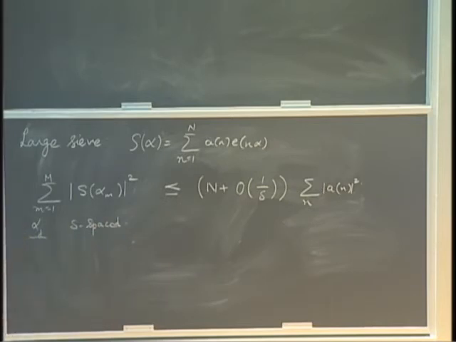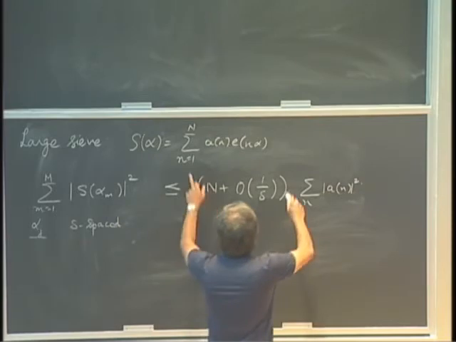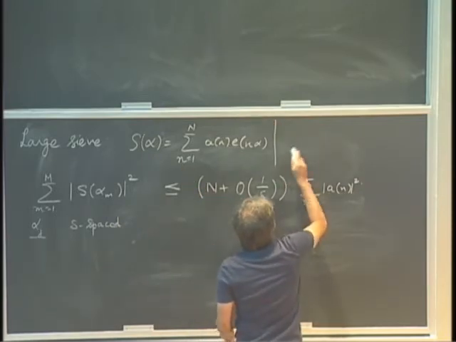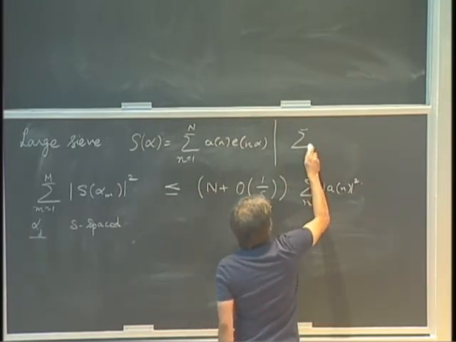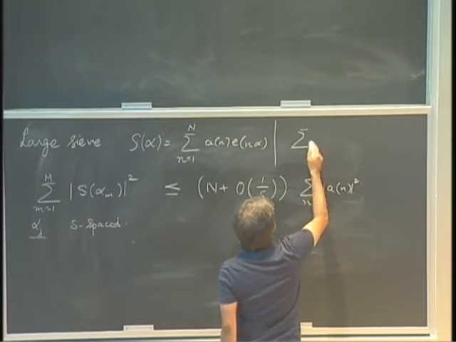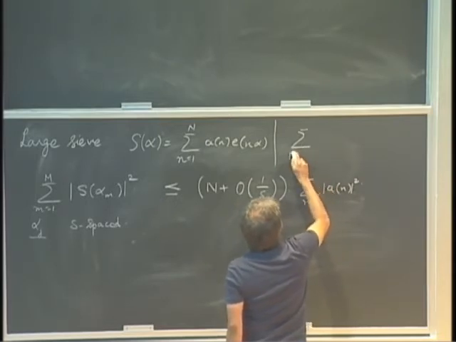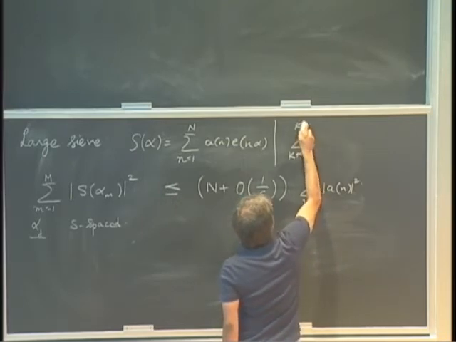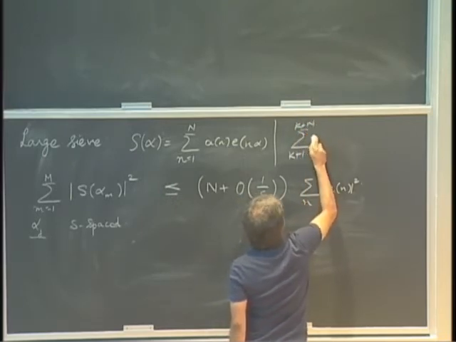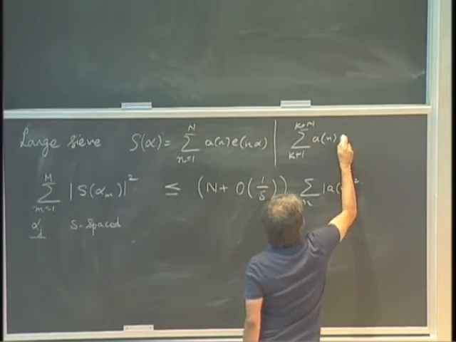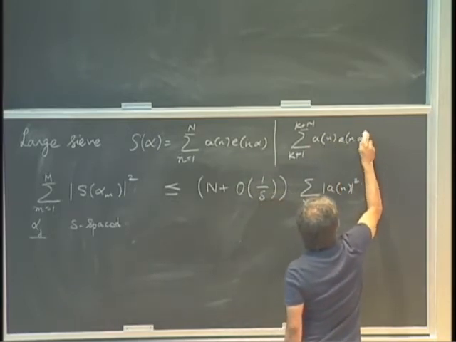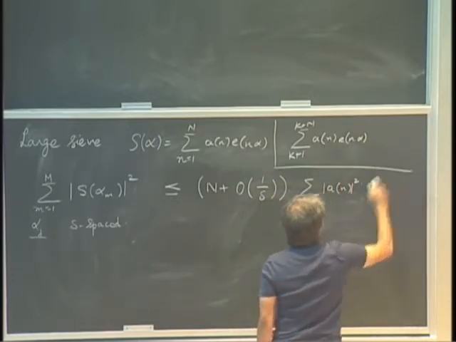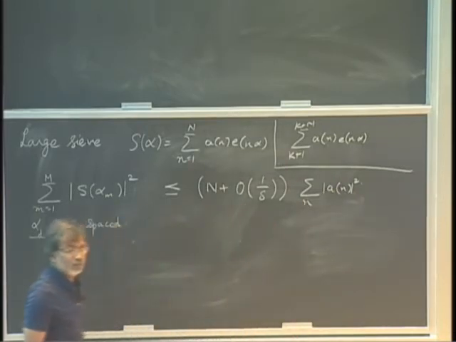Let me also make one more observation. In this sum, I could also start, if you like, with the interval from k plus 1 to k plus N of a_n e(n alpha).